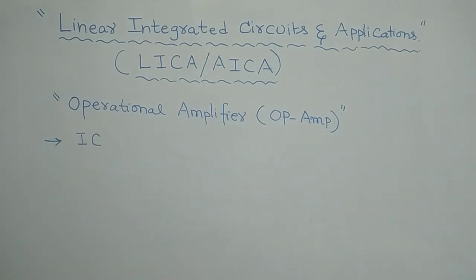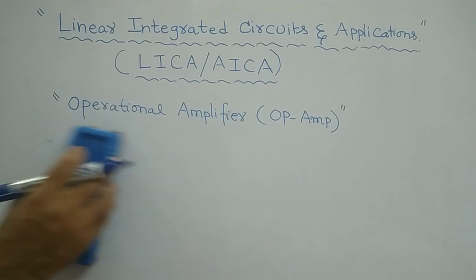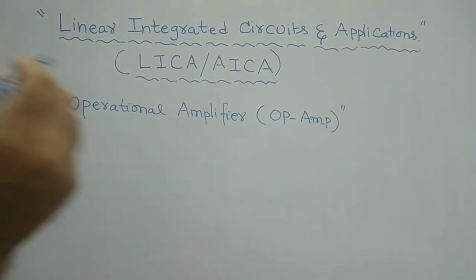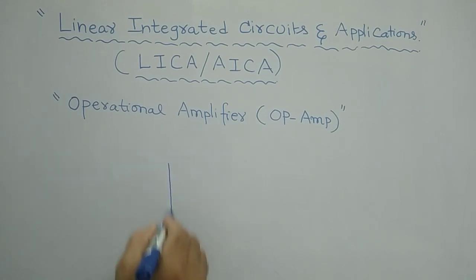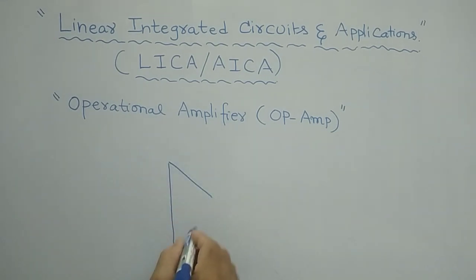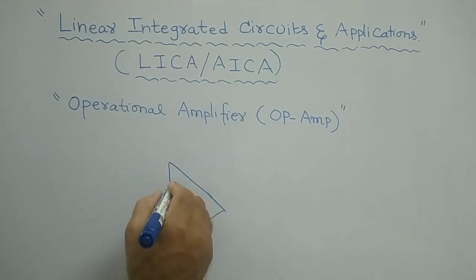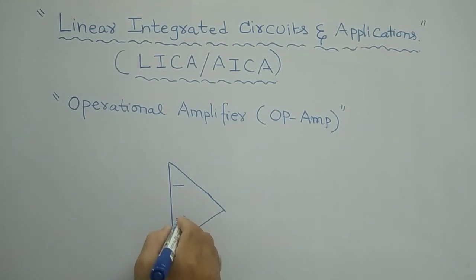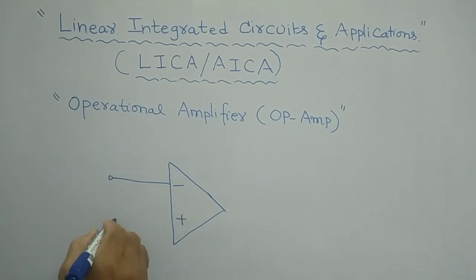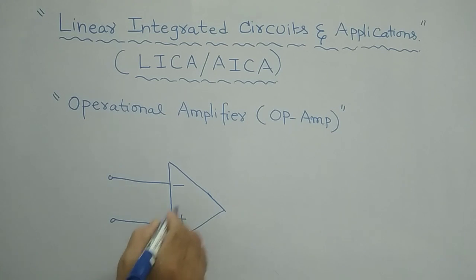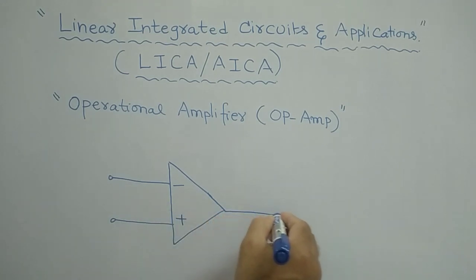If you see the physical representation of an operational amplifier, it looks like this. It has two input terminals and one output terminal.